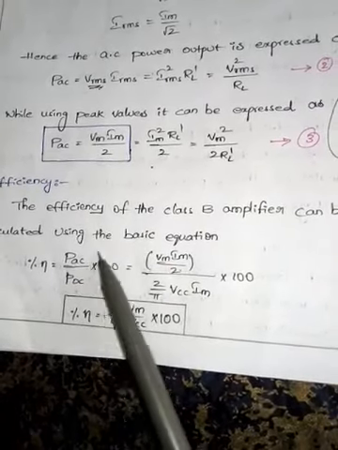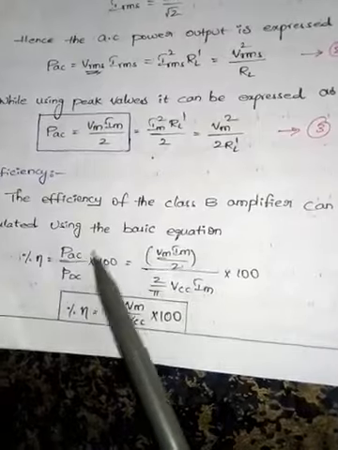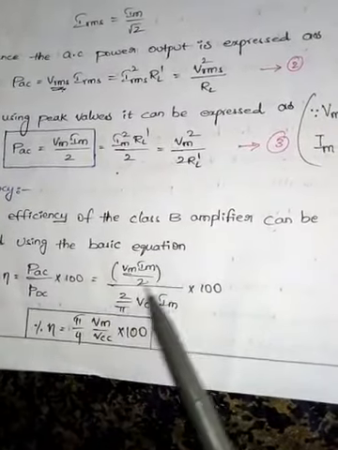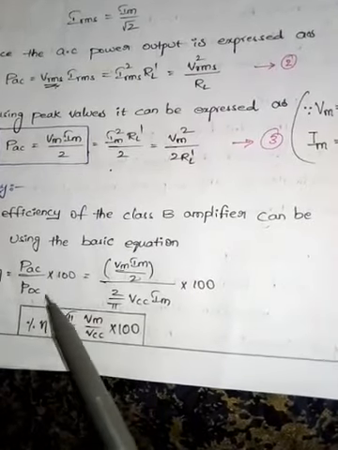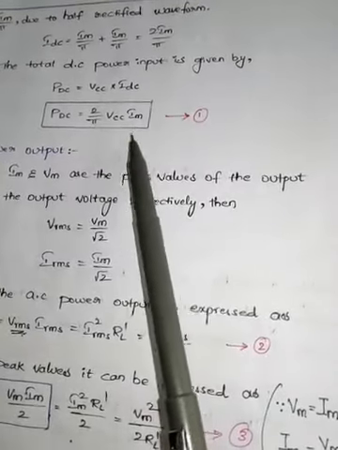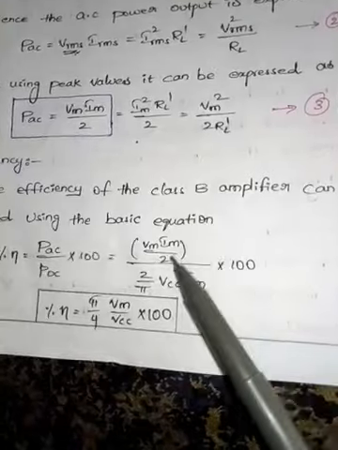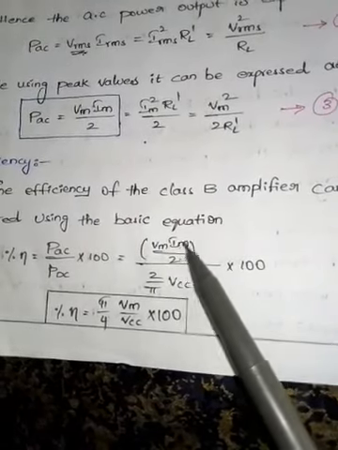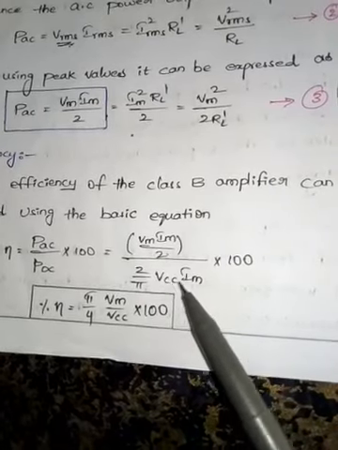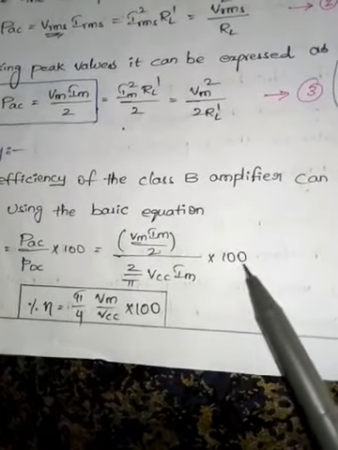So you will get the formula PAC divided by PDC into 100. What is the AC output power expression? We have Vm Im by 2, divided by the DC input power expression, that is PDC equals 2 by pi VCC into Im. If we substitute those two expressions, you will get Vm Im by 2 divided by 2 by pi into VCC into Im into 100.